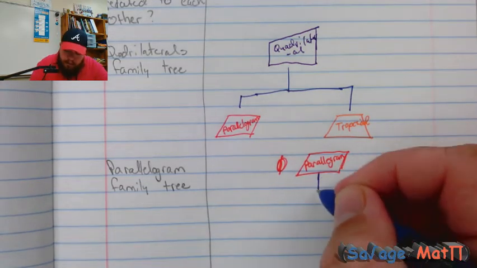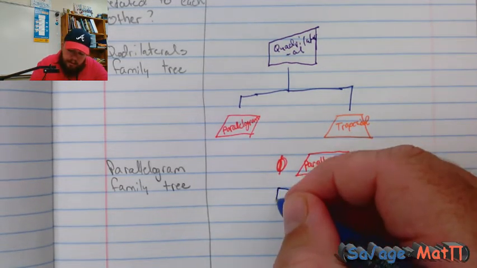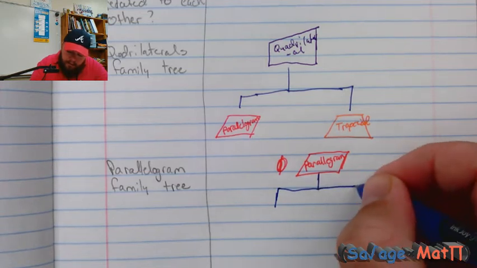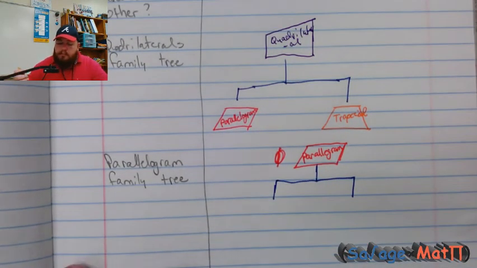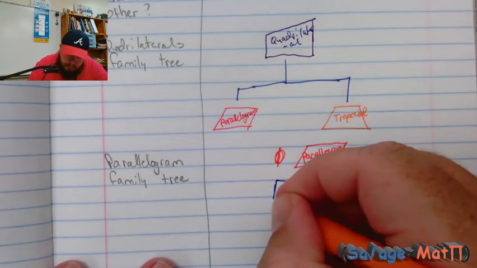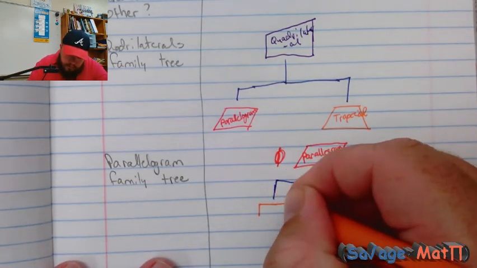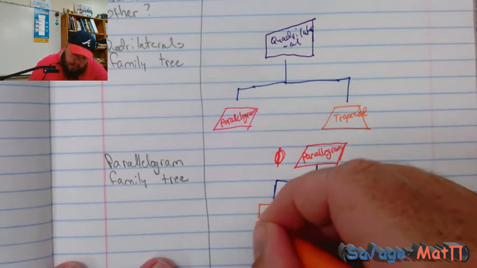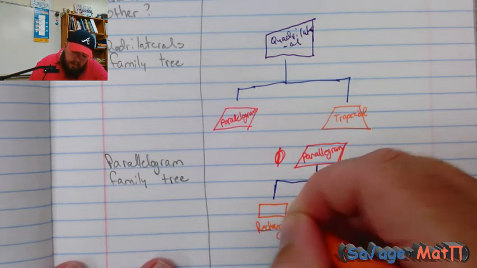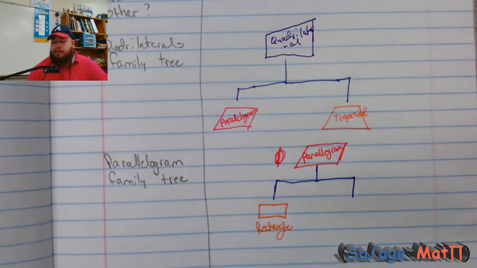And then we can go one of two ways. A parallelogram can be classified further as a rectangle or a rhombus.